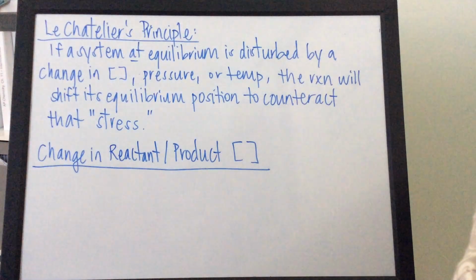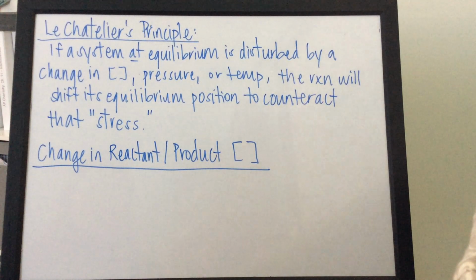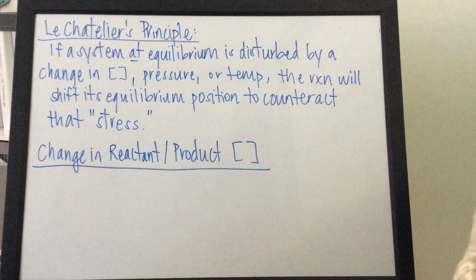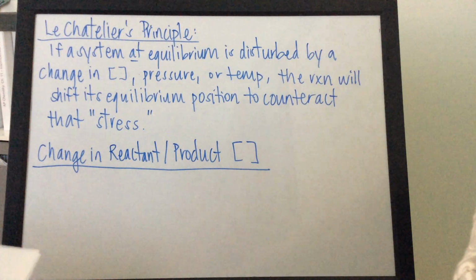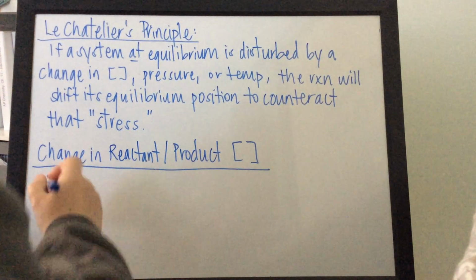Okay, so the first one we're going to talk about is what happens when we change the reactant or the product concentration. I'm just going to do a couple bullet points, and then we'll look at a specific example. You might not understand it as I'm writing it, and that's okay.